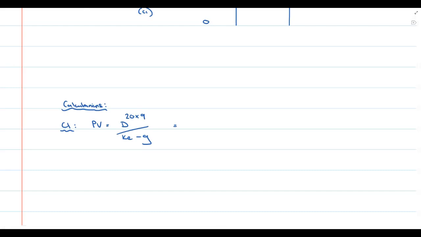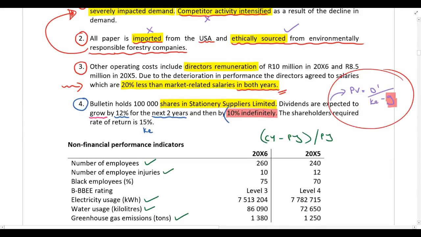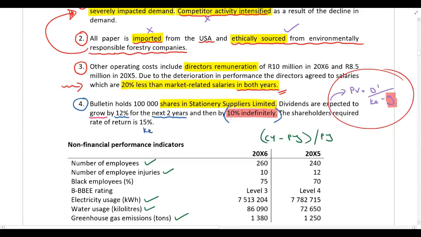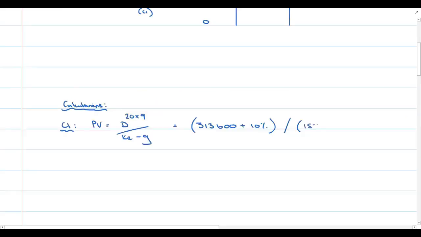It's going to increase by 10%. So take the dividend from 20x8 and increase that by 10% to get the dividend for 20x9. We then need to divide that by the cost of equity less growth. The cost of equity is 15%, and the growth rate is 10% in perpetuity. So that gives us an answer there of 6,899,200.